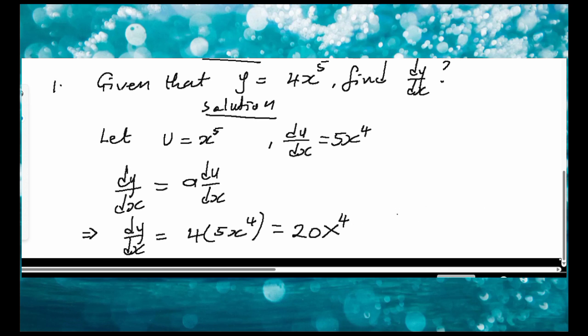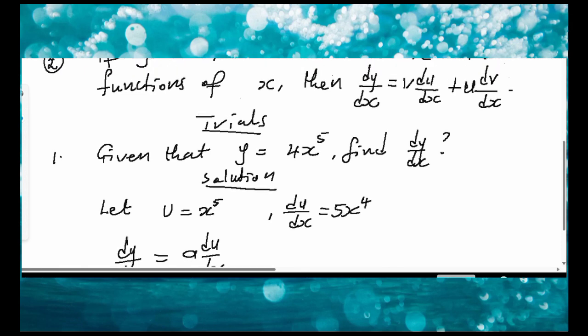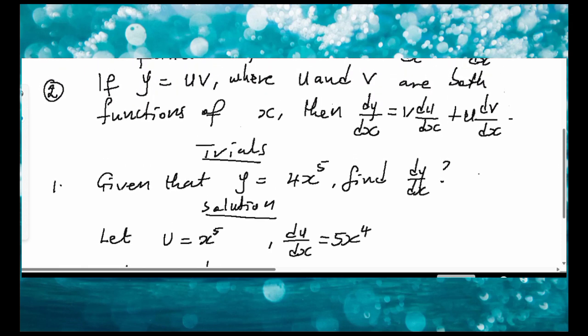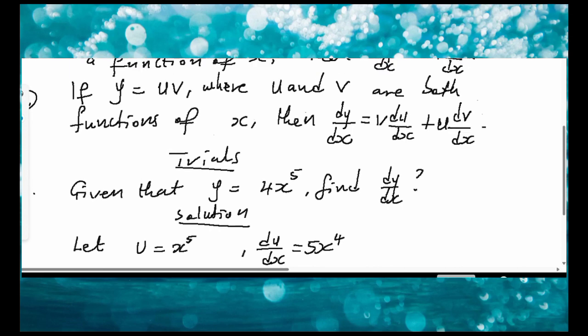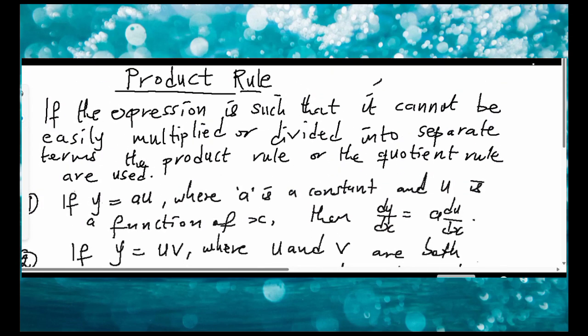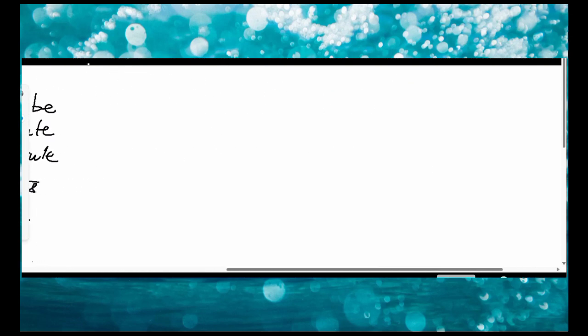Okay, so easily that is how to find the dy/dx of y is equal to 4x raised to the power of 5. Let us take an example to also look at the second scenario. Okay, so for the second scenario, let's look at this example. That's example 2, right?